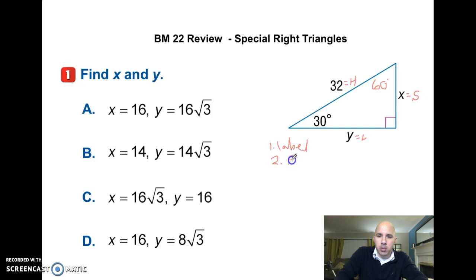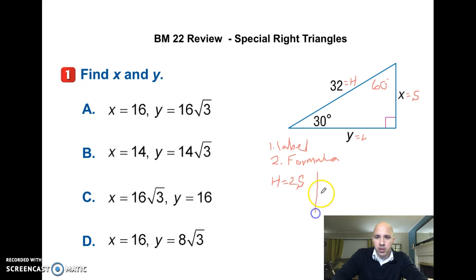Okay, label 1, 2. You want to go ahead and put the formulas down for 30, 60, 90. Let's write the formulas out. First one, looking at my notes, looking at the anchor chart in the back of the room: hypotenuse is going to equal 2 times the shorter leg.